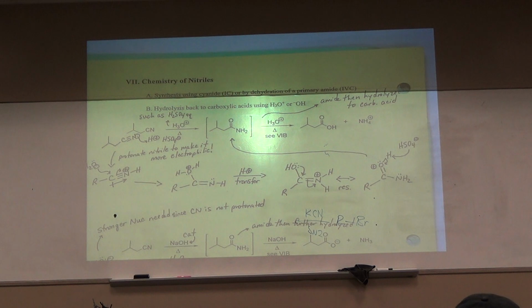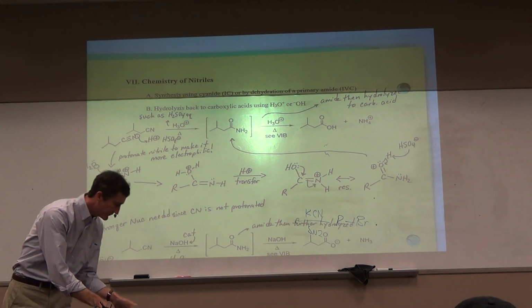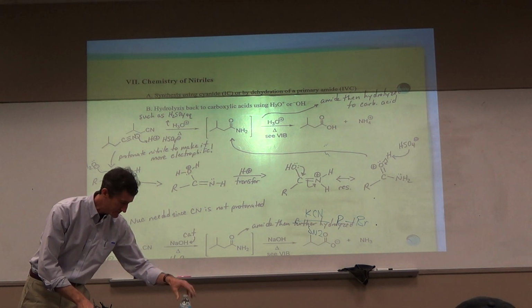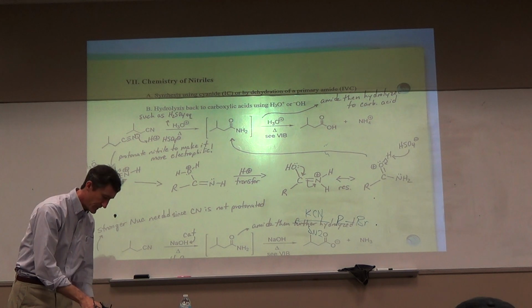Nitriles also tend to be end products, although there's some chemistry that we won't be talking about, so I can't just say end products. They can be used for a number of things.